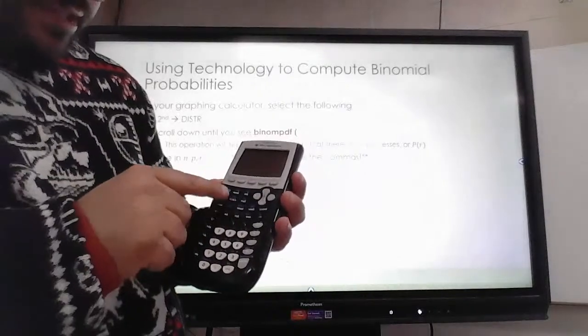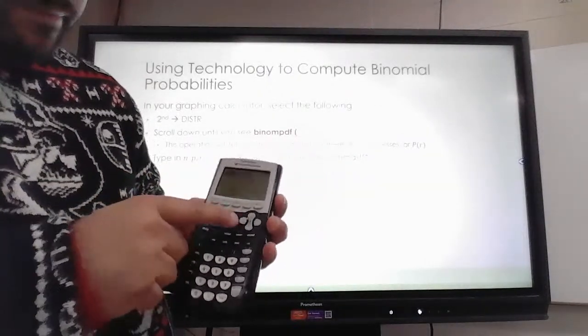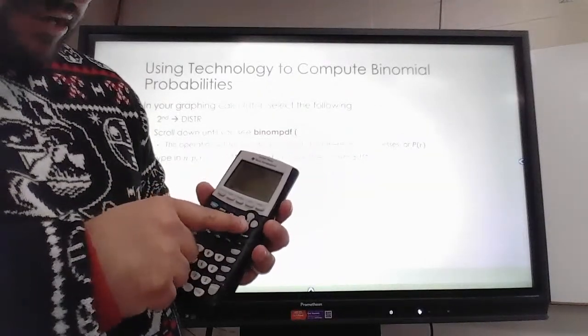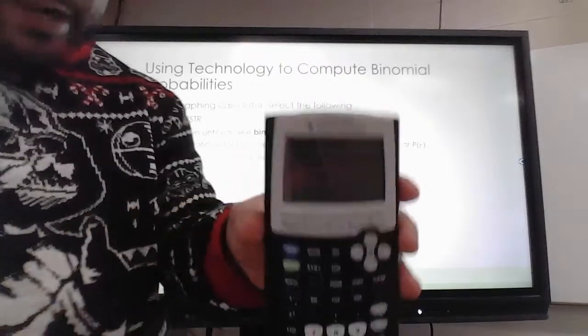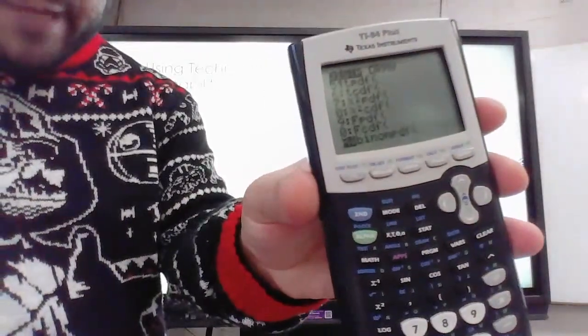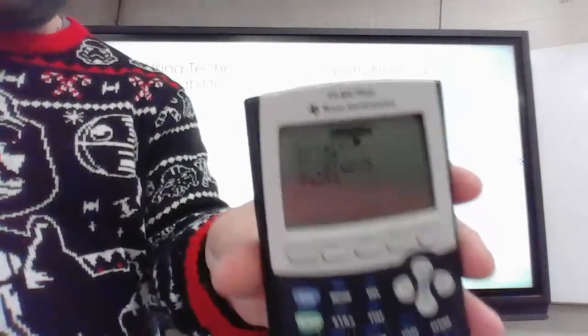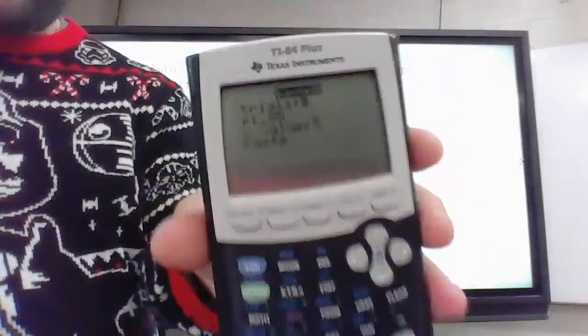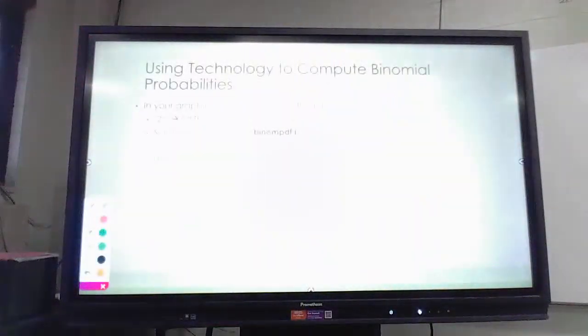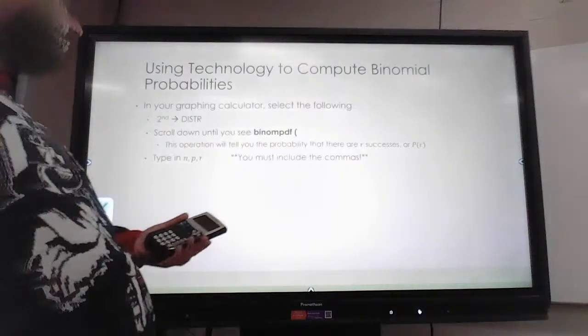If I press second variables and scroll down to binom PDF, it gives me a menu to choose from. When I complete this menu, it'll paste all these values into that calculator function.